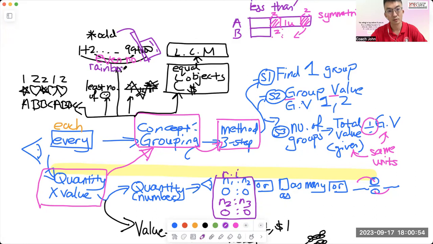The rainbow method. Yeah, so the names of my methods are pretty kiddish. Yeah, because I'm not trained in any pedagogy. But I think that allows me to roam around freely and really understand how kids study rather than throwing them with some complicated terms and expect them to understand.